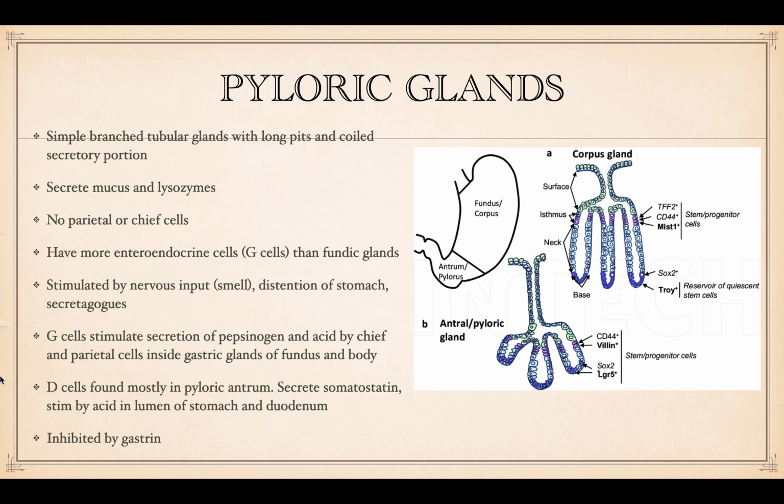And they are stimulated by acid in the lumen of the stomach and the duodenum. So the D cells are going to be inhibited by gastrin, because gastrin is going to secrete acid. So it's a feedback loop. Once there's too much acid, it's already working, so the food is being emptied into the duodenum, and the duodenum tells the body to stop emptying because it's already filled.